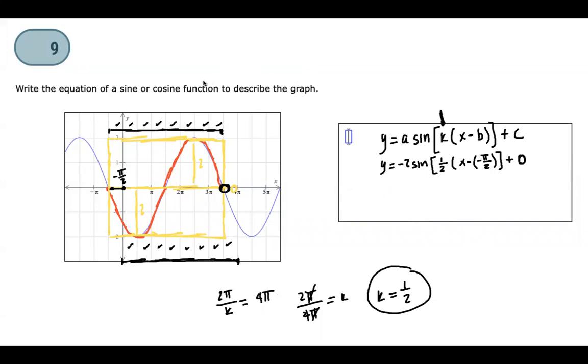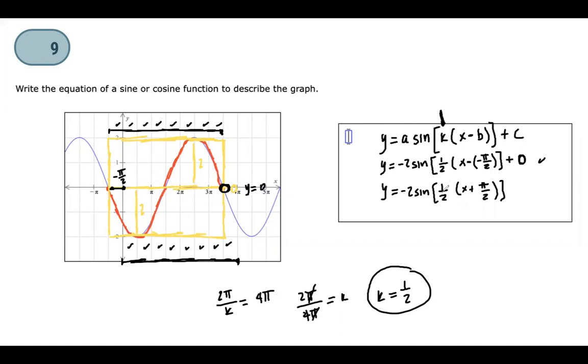Now, I like this version of the equation. I can move on and write it as -2 times the sine of 1/2 x plus pi over 2, and plus 0 or nothing at all. So the midline is at y equals 0. If the midline was at y equals 1, you would have plus 1.